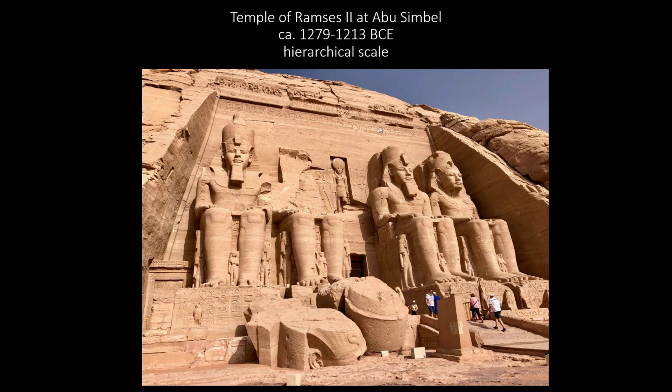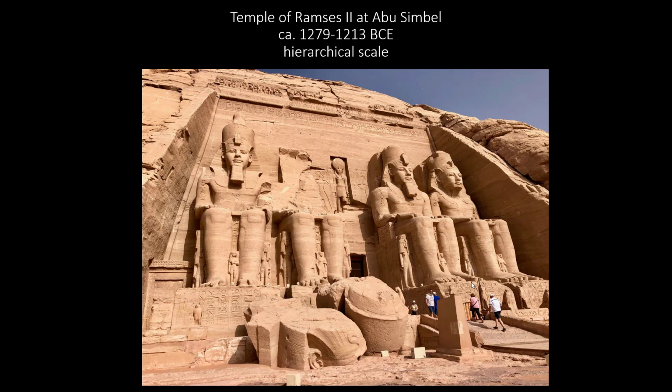Now, here's another example. And you're probably noticing that I'm showing you architecture. We've also got some sculpture here as well. Typically with scale, because we're talking about size, this mostly is going to relate to three-dimensional works of art.